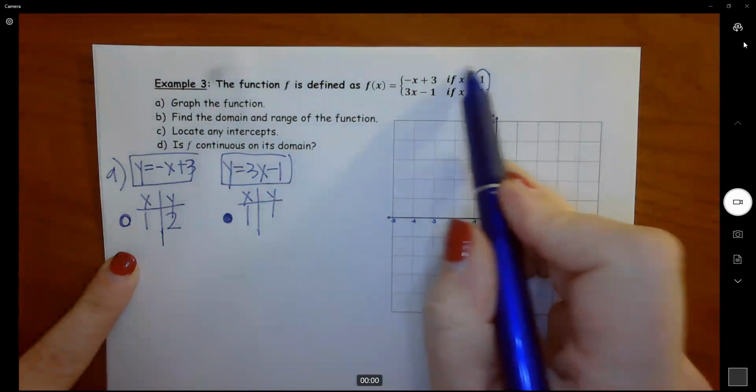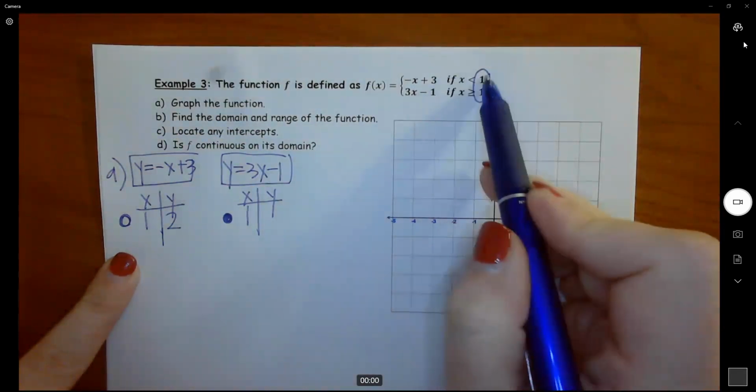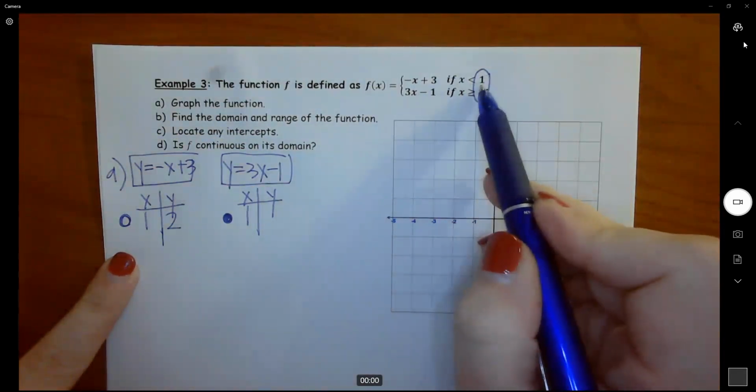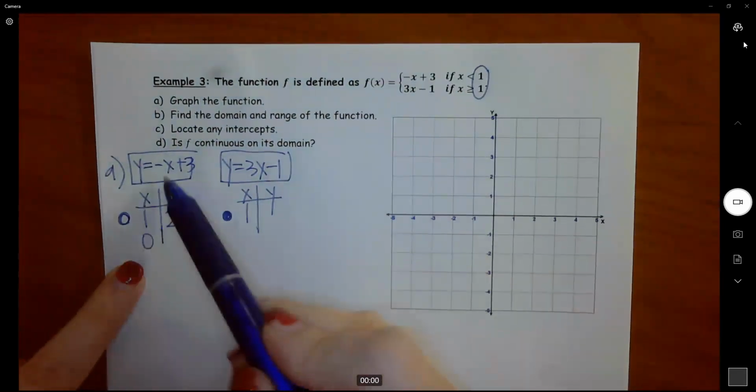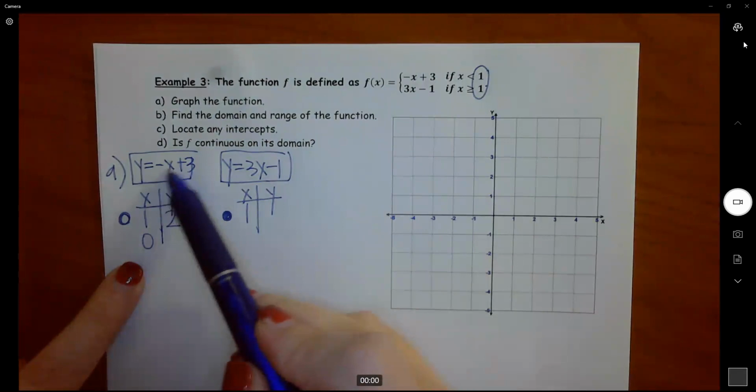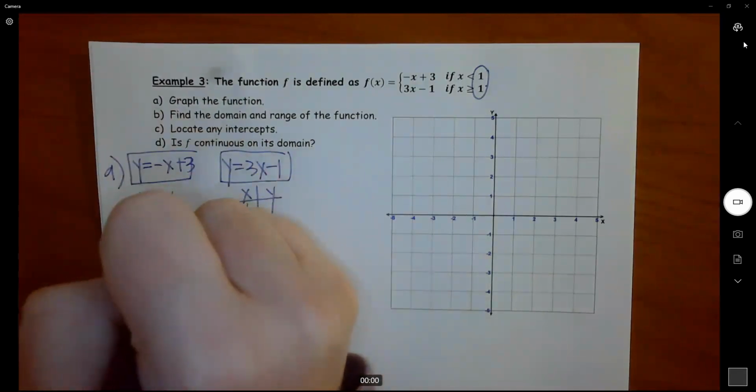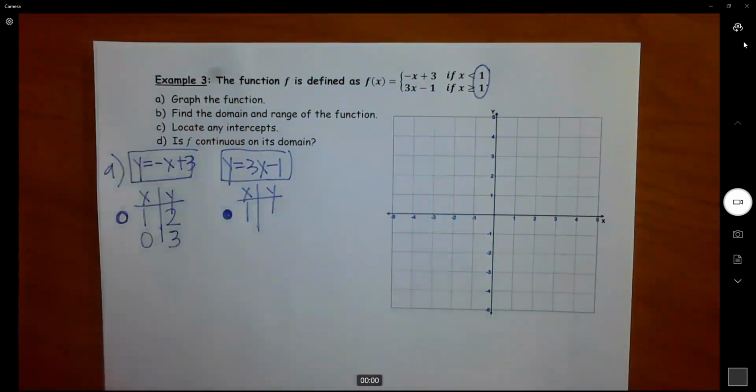And then pick some other point that meets this criteria. We have when x is less than 1, where less than 1 is 0. When I plug in 0, you get negative 0, or just 0 plus 3, which is 3. So I'm going to plot my 2 points.